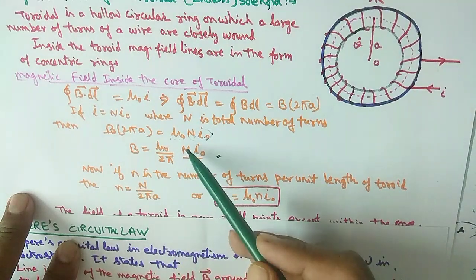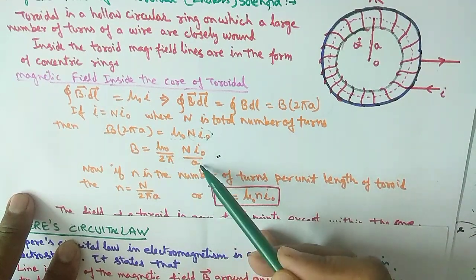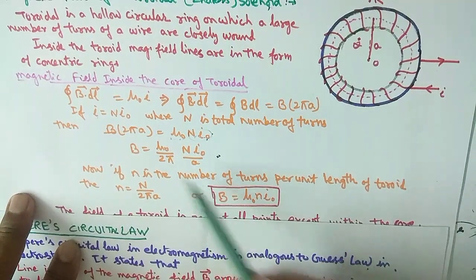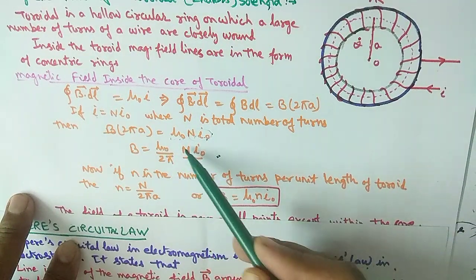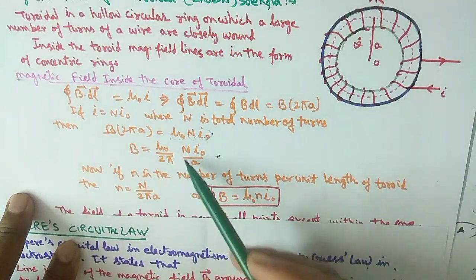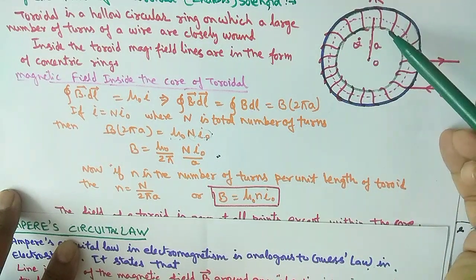So put here N upon 2 pi a equal to small n, and instead of this value we can write mu naught n I naught.